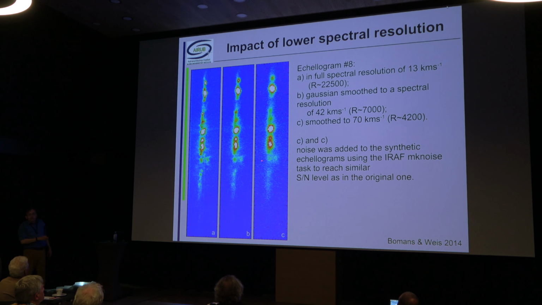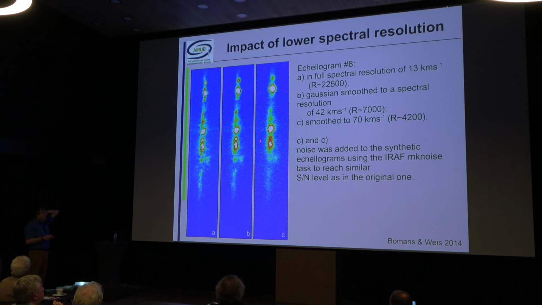You don't have the signal to noise anymore, and not enough split to see the faint high velocity features. So Kerstin's and my claim in this paper was, well, you need that resolution. If you go with lower resolution, you will lose a lot of these important high velocity features, which dominate all the interpretation, for example, gas flowing out of a galaxy.